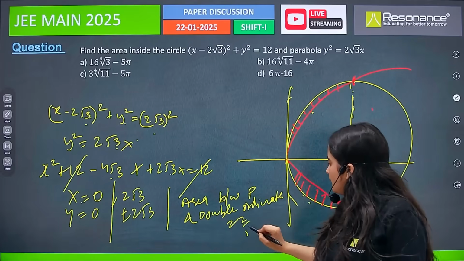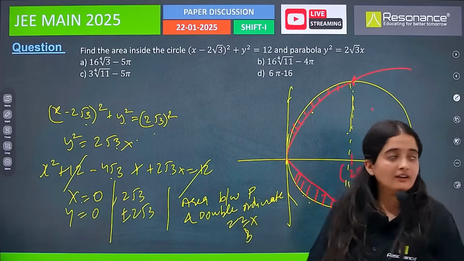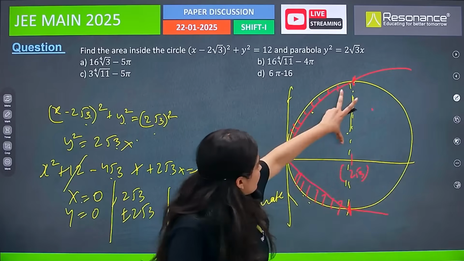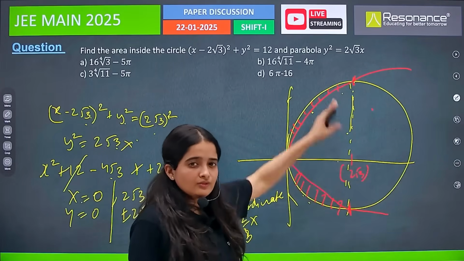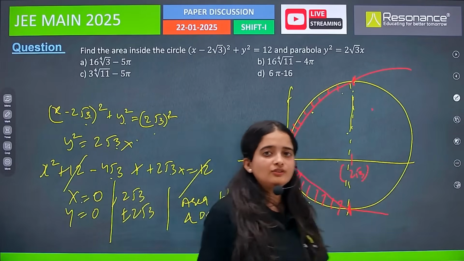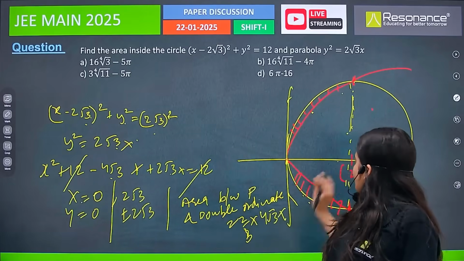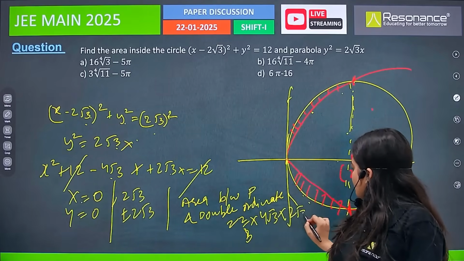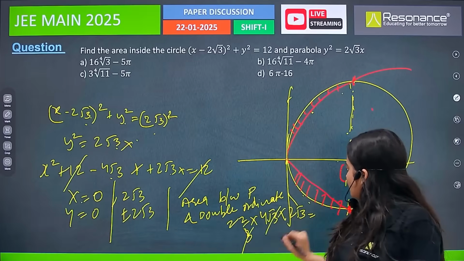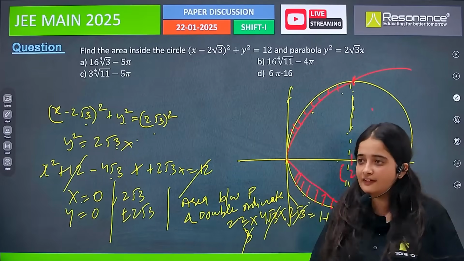What is the area of the rectangle? This distance is 2√3, this distance is 2√3, so 2√3 plus 2√3 gives 4√3, into this distance, 2√3. So we are getting 3 and √3 cancel, 16.